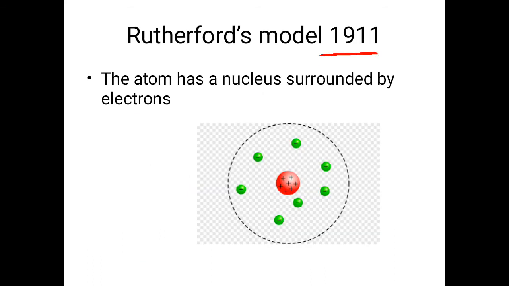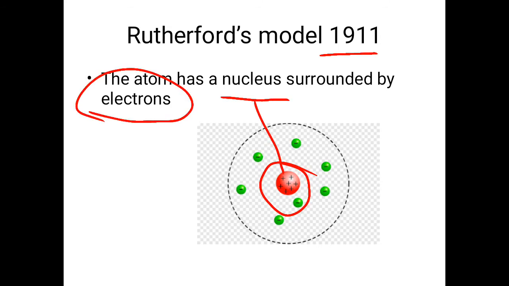But here, he is telling us that the positive charge is gathered or concentrated in the central part of the atom, which he called the nucleus. So the positive charge is concentrated in the smallest space of the atom, which is called the nucleus. And the electrons carry negative charge, which are dispersed and distributed all over the atom.